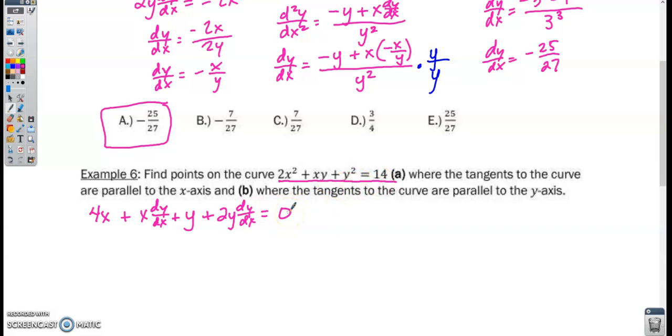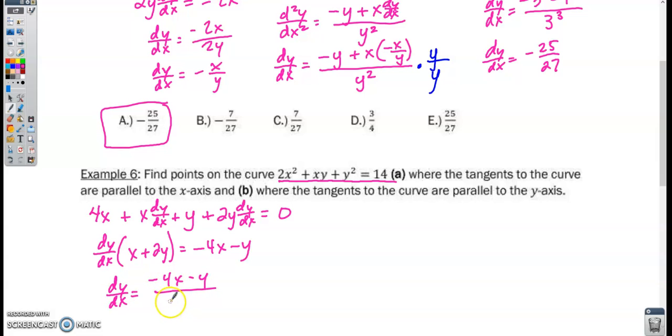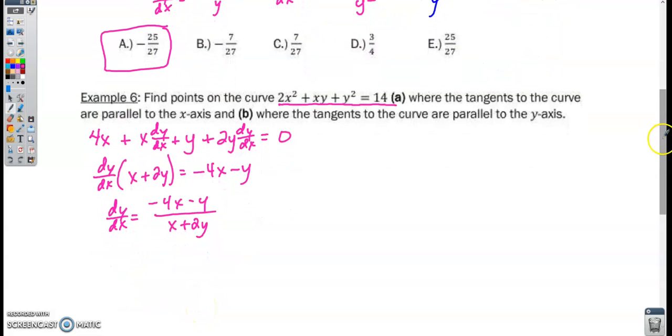We sort our terms, keep all the dy dx terms on the left-hand side, and subtract all the non-dy dx terms. And then we get dy dx by itself. And we end up with this as our derivative. Okay, now, in part A, I'm supposed to find where the tangents to the curve are parallel to the x-axis.